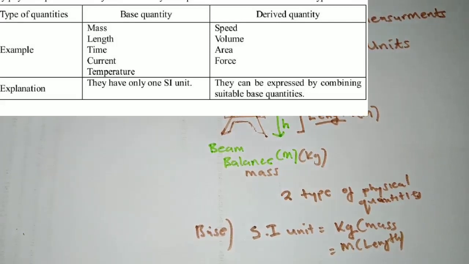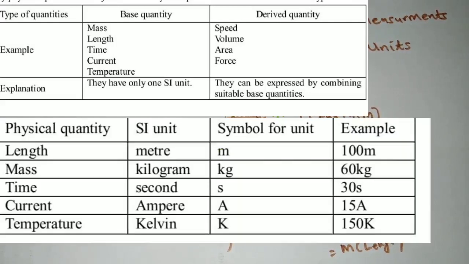If we look at the table there, length has one SI unit, which is the meter. The symbol is m, for example 100 meters. Mass has only one SI unit, kilogram, the symbol is kg.